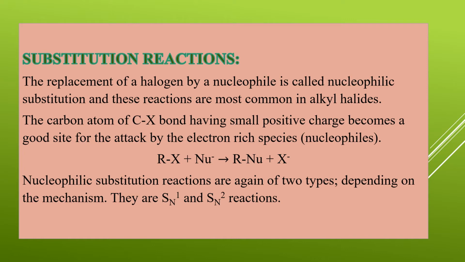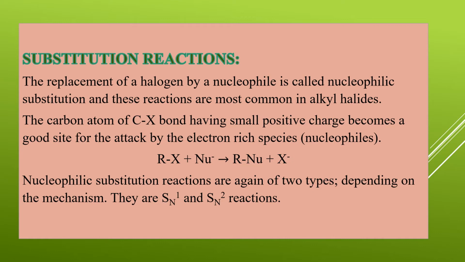When the nucleophile approaches RX, that is the alkyl halide, what is happening? R-Nu is formed. X is removed and in its place the nucleophile is substituted. R-Nu plus X is coming out as X minus, that is the halide ion. Understood, students? Am I clear? RX plus Nu minus gives R-Nu plus X minus.